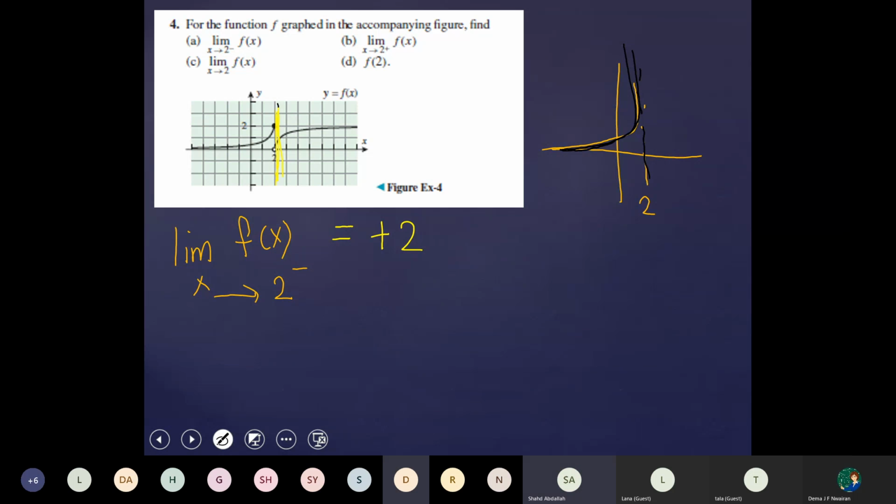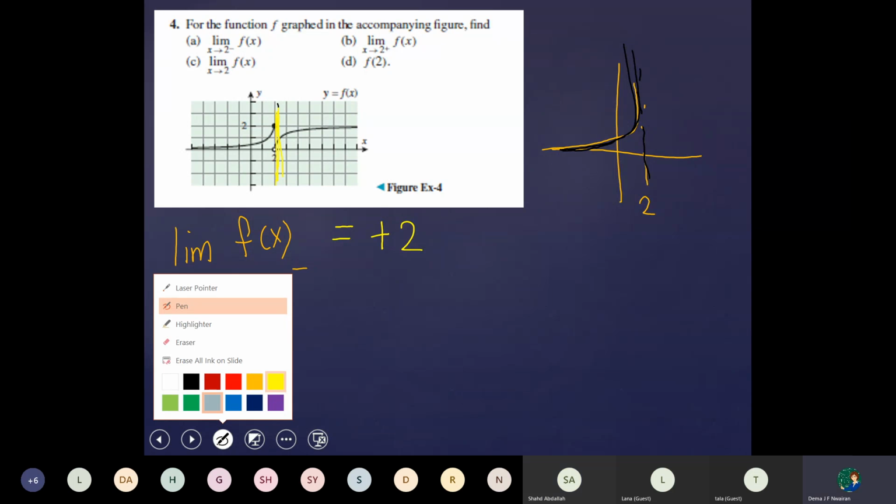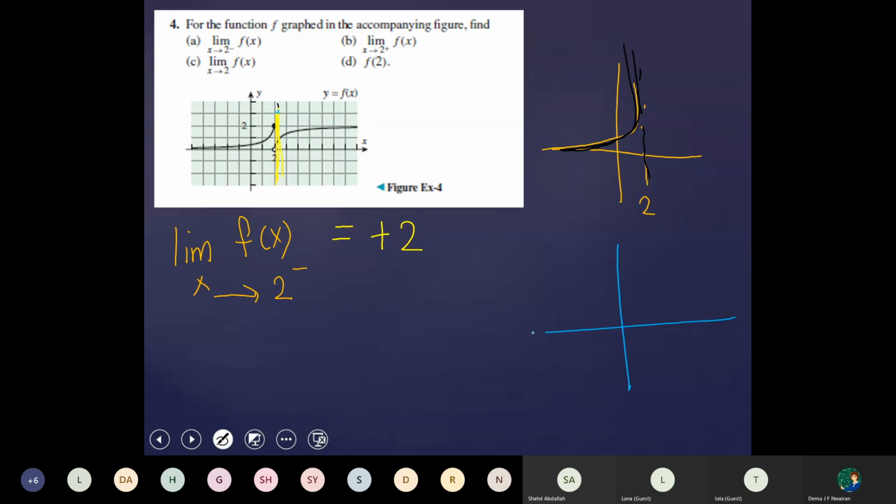Teacher, I still didn't understand why it's positive 2, not positive infinity. For positive infinity, the graph is like this. Here we have 2, and it's like this, as an example.